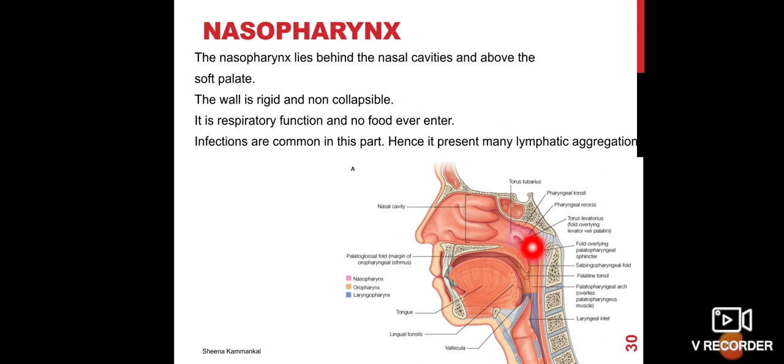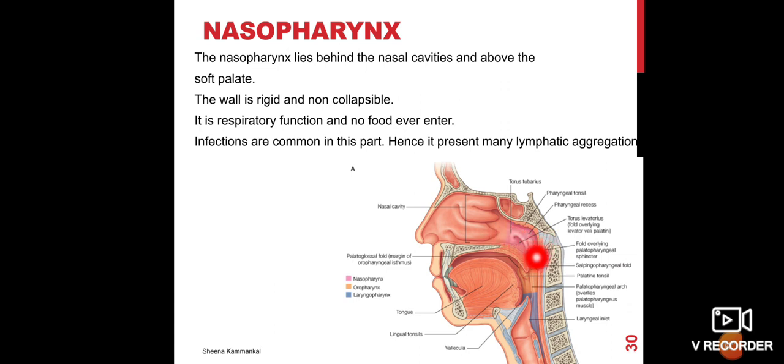Anyway, it is anteriorly continuous with the nasal cavity, so the function of the nasal cavity is imitated by this nasopharynx. Even the epithelial lining of the nasal cavity is present inside the nasopharynx. The nasopharynx is also lined with pseudostratified ciliated columnar epithelium, which is the epithelium of the nasal cavity.